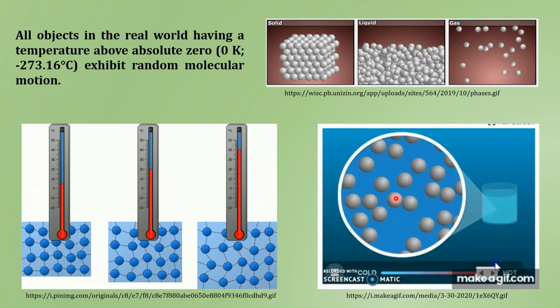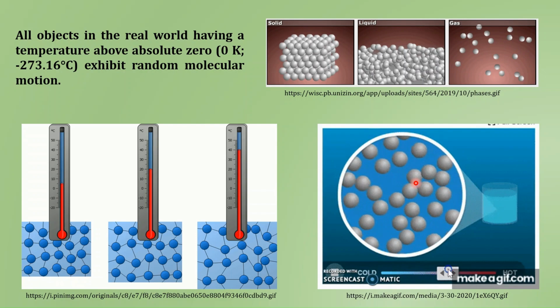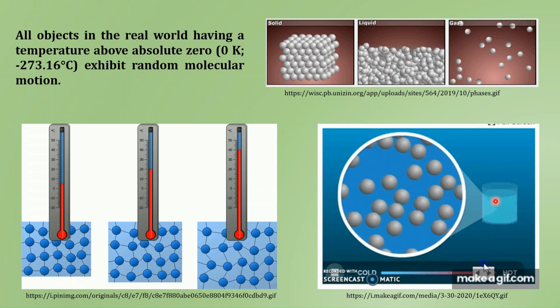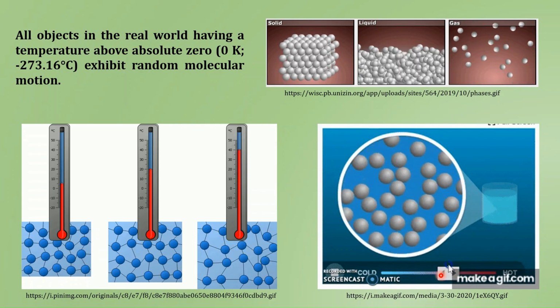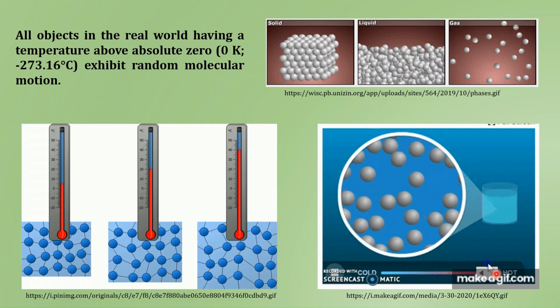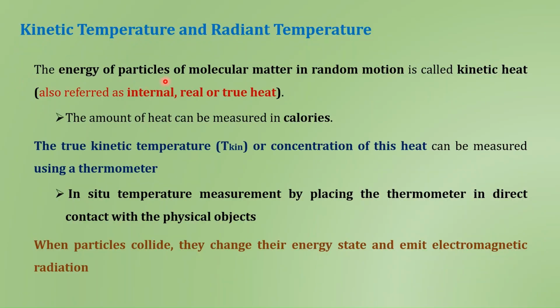Similarly, we can see in this animation, the movement of the molecules in this liquid medium increases as the temperature is increased. So the energy of the particles of the molecular matter in random motion is called the kinetic heat, and it is also referred to as the internal, real or true heat.